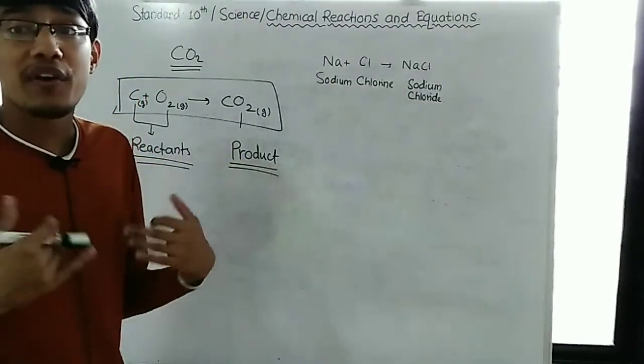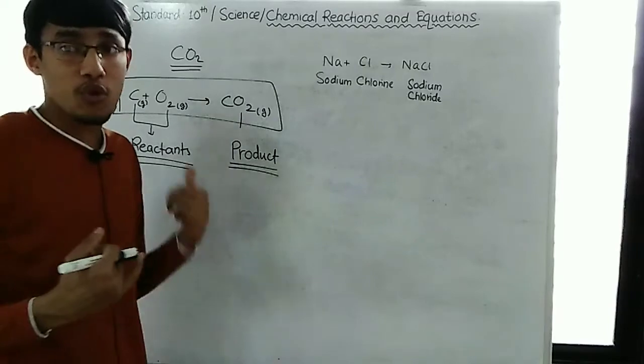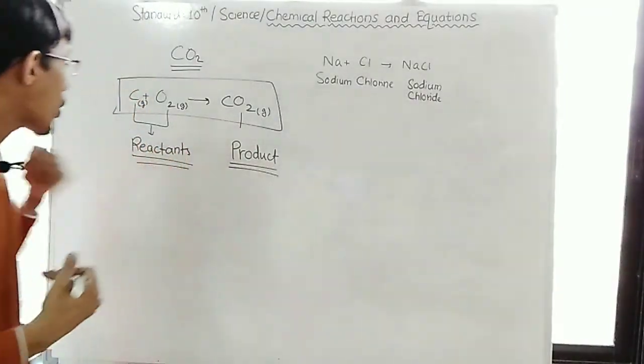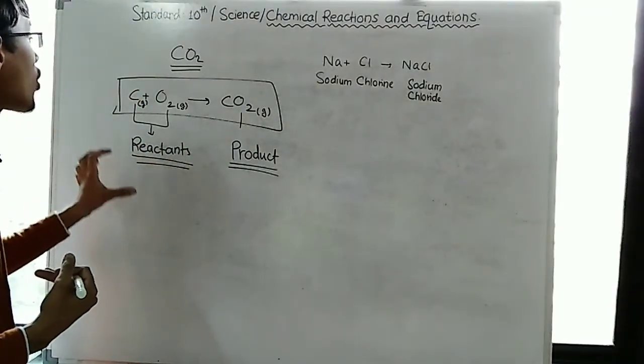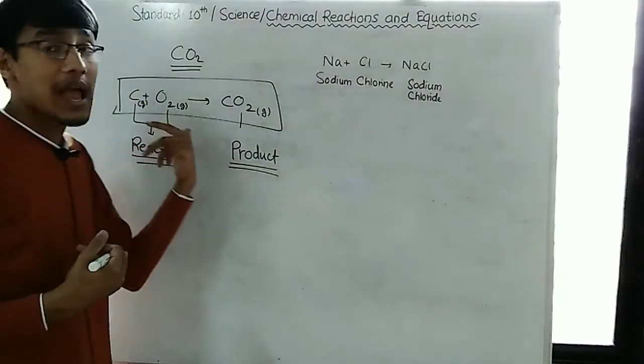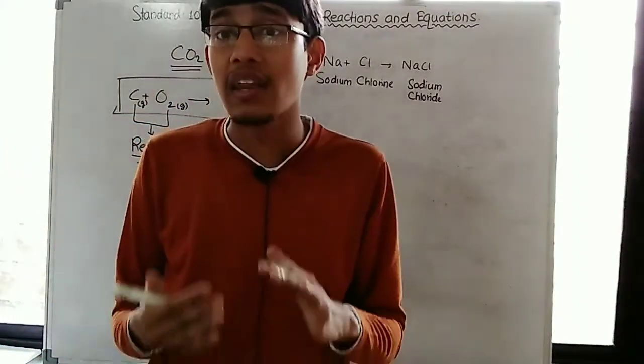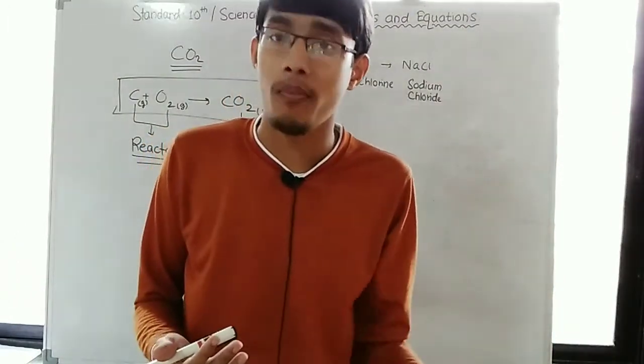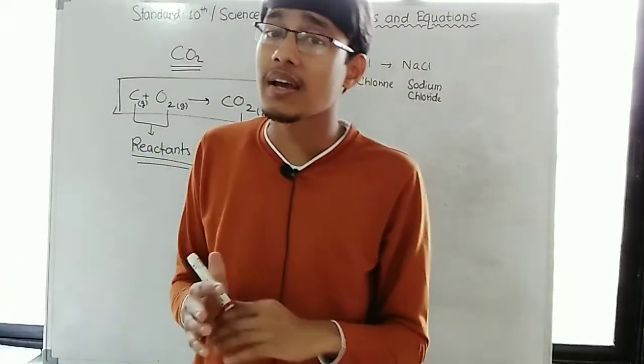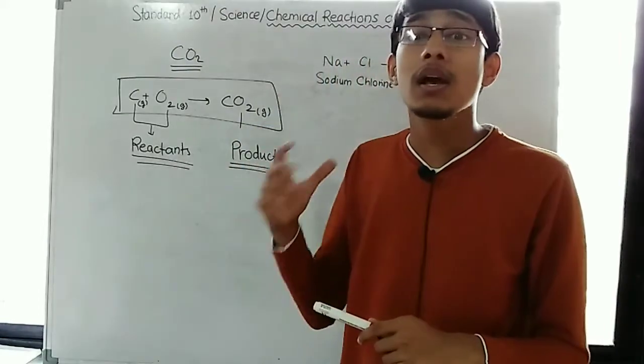Also we can get the idea of the states of the reactant and the product, in which state the reactant is there and in which state the product is formed. All this idea can be attained from a single equation.